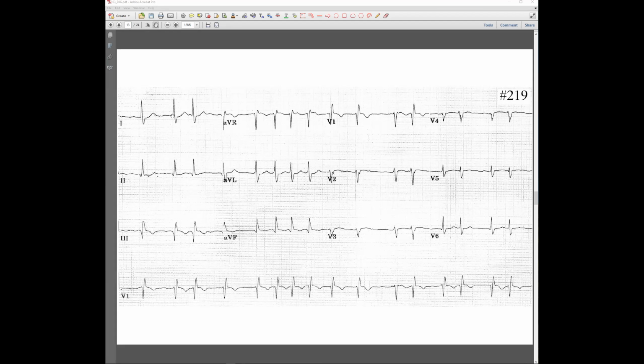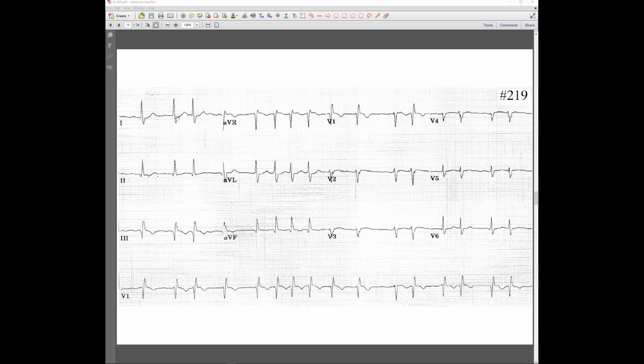There's the long TP interval. Can you see a P wave?